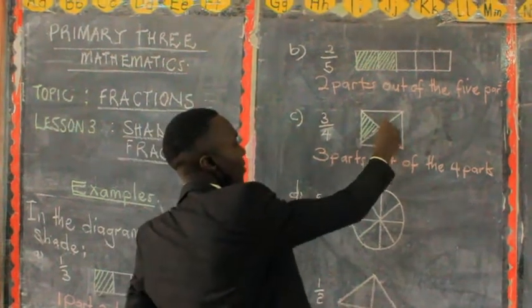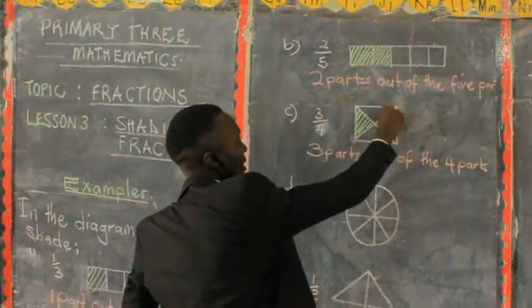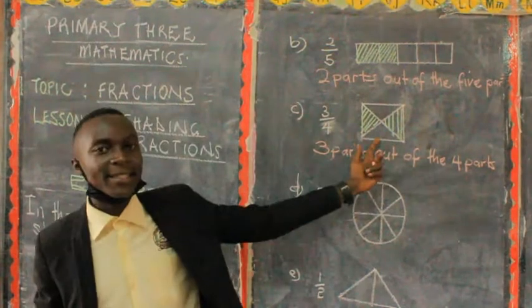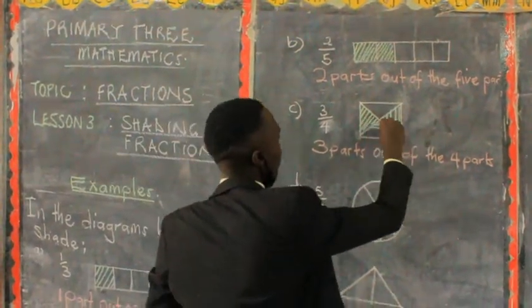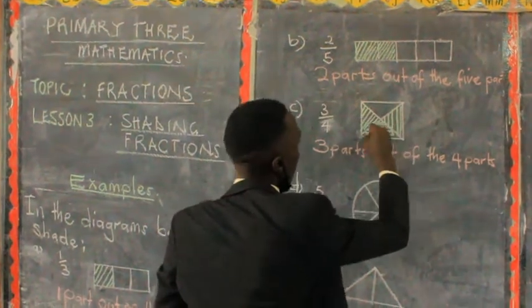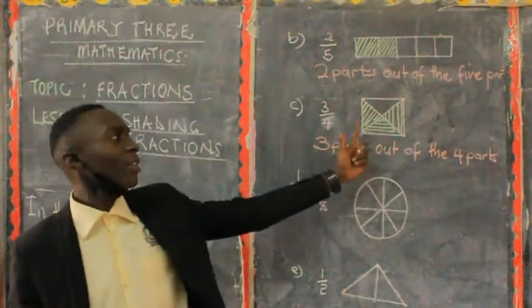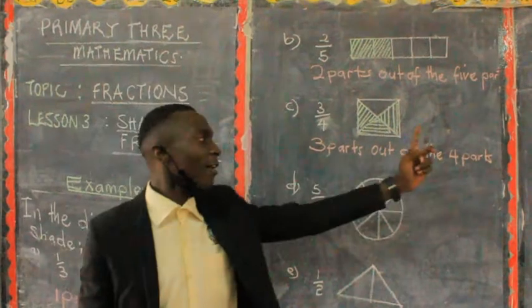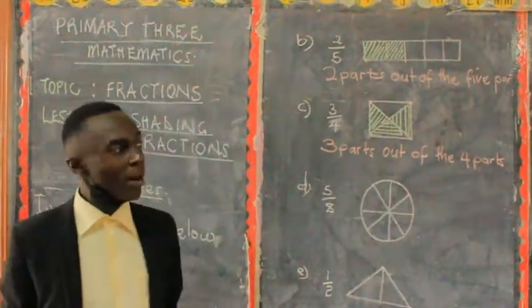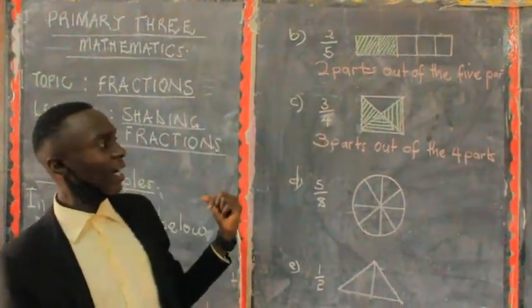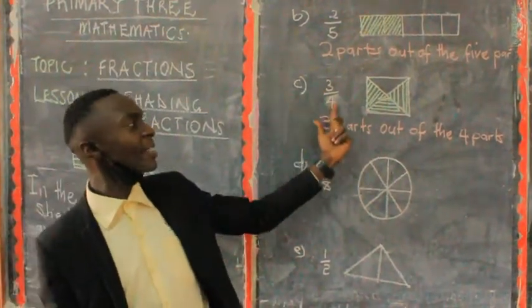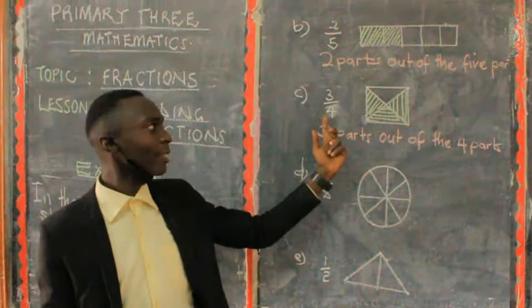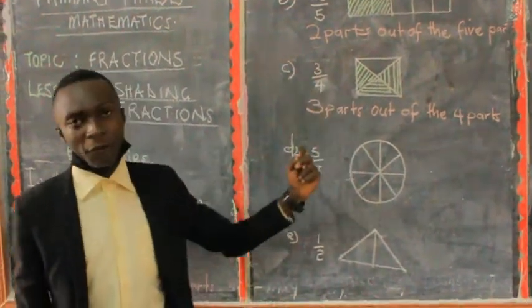You can shade this one also so that now they are 2 parts, and you finish up by shading this part such that they become how many parts? They become 3 parts out of the 4 parts. Remember, last time we were looking at naming and reading fractions. Remember, this can also be read as 3 quarters or 3 out of 4.